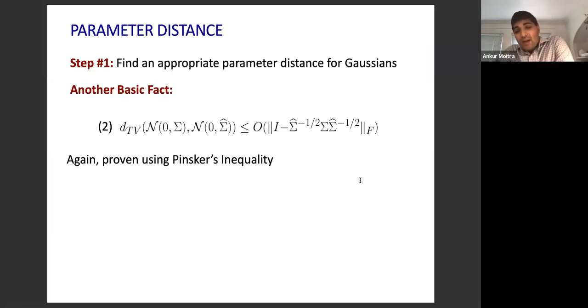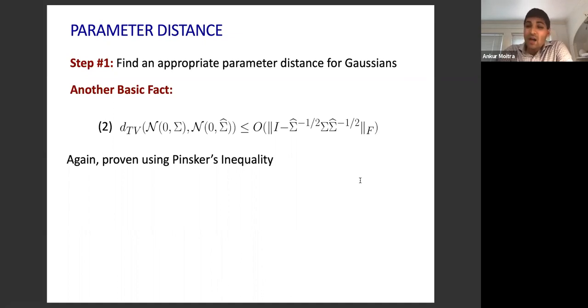And if you remember back in the beginning of the talk, I gave you this teaser that you have to define these problems in the right way to make them possible or not trivial. So when I asked you what's the right distance function to measure the distance between sigma and sigma hat, I suggested maybe the Frobenius norm of their difference, maybe the spectral norm of their difference.